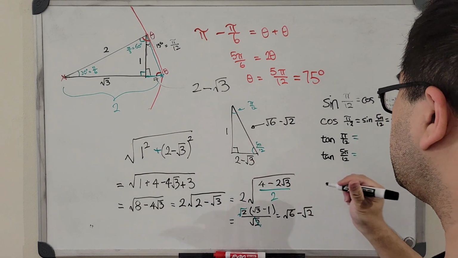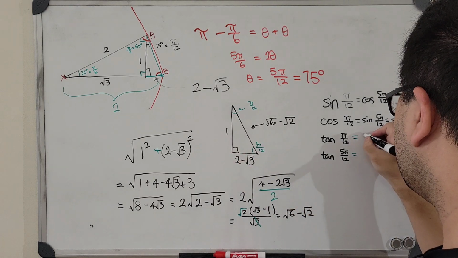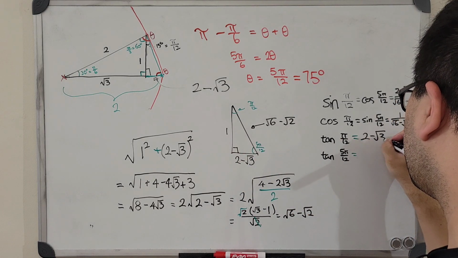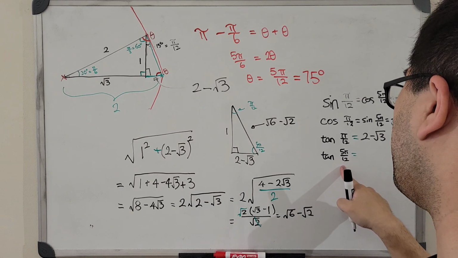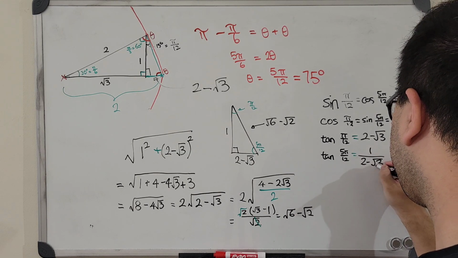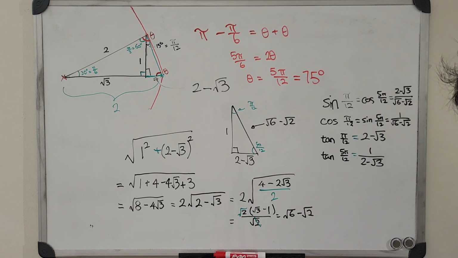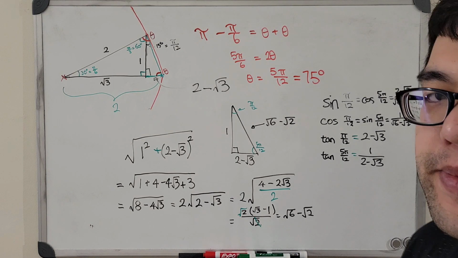And last but not least, tangent will be opposite over adjacent to give us 2 minus radical 3. And tangent of the other angle will just be the reciprocal of it. And that's it. And of course, if we simplify, we should be able to get the results that we actually have in the most common way.